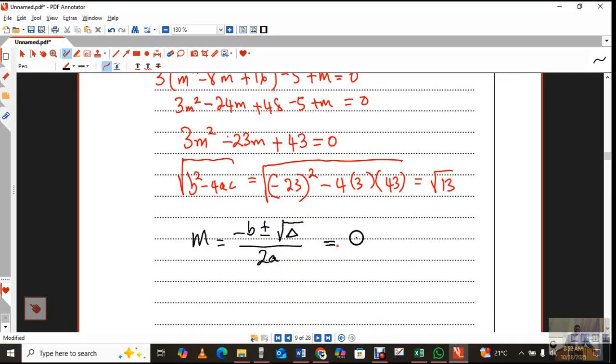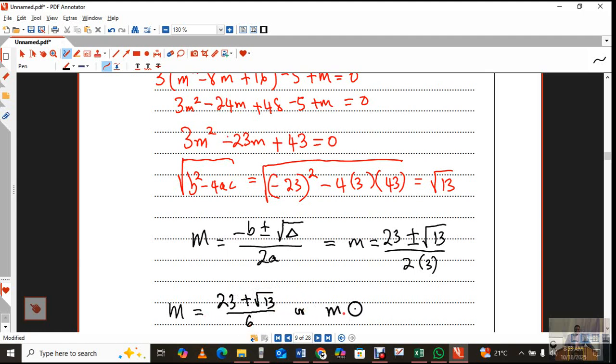So in this case, I will have m is equal to, you're going to have a positive because the value of b is negative, so that's going to be 23 plus or minus the square root of 13, and everything will be over 2 times 3, which is the value of a. Right, so m equals 23 plus root 13 over 6, or m equals 23 minus root 13 over 6.